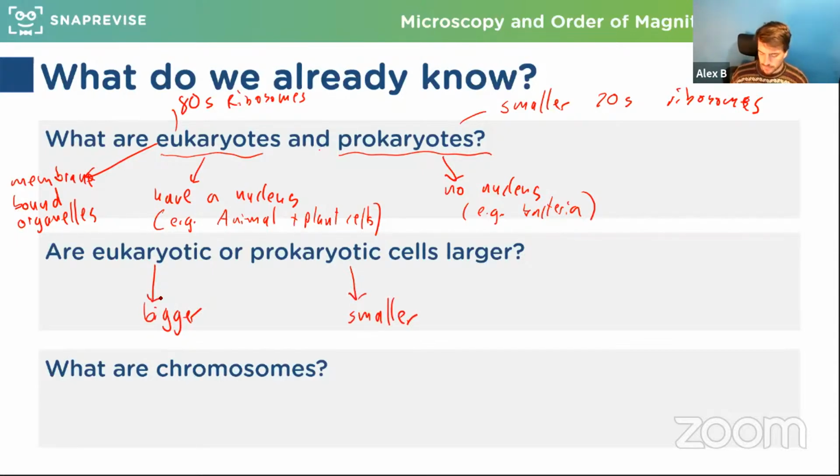It's not definite: the smallest eukaryotic cells are probably smaller than the largest prokaryotic cells, but in general, eukaryotic cells are quite a lot larger than prokaryotic cells because they've got so much more in them, like the nucleus and all the other organelles. So finally, what are chromosomes? This is the last bit of our background info for this class.